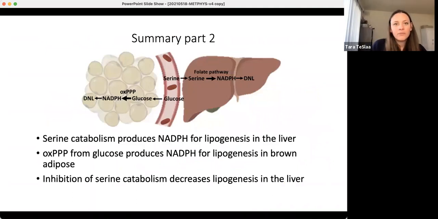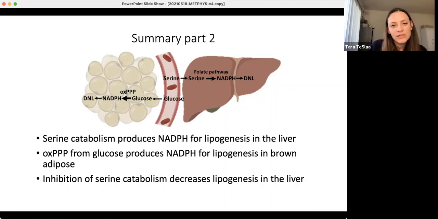So in summary, in part 2, serine catabolism produces NADPH for lipogenesis in the liver, while OXPPP from glucose is responsible for producing NADPH in brown adipose tissue. And then when we inhibit serine catabolism, we can actually decrease lipogenesis in the liver.